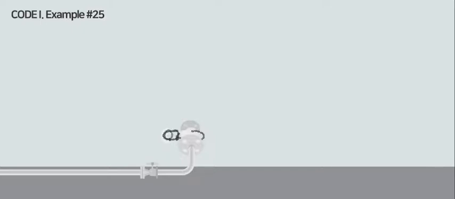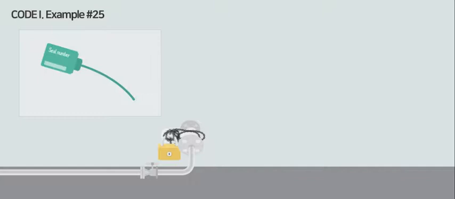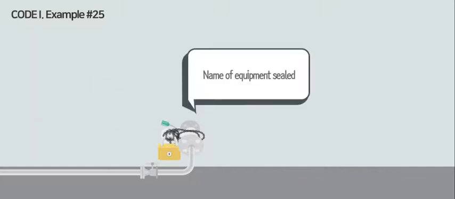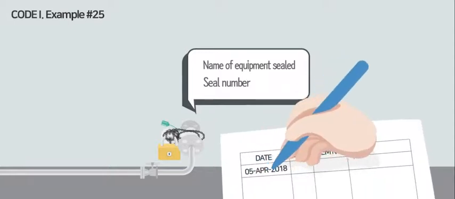In case of optional sealing of marked overboard discharge valve, related valve and/or equipment, name of equipment sealed, and seal number are recorded using code I.